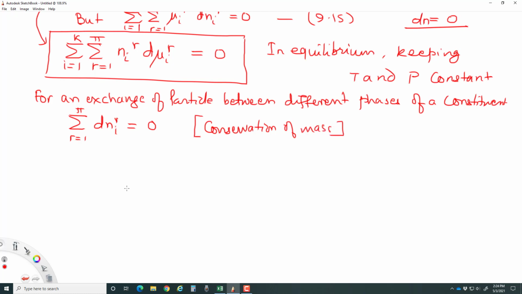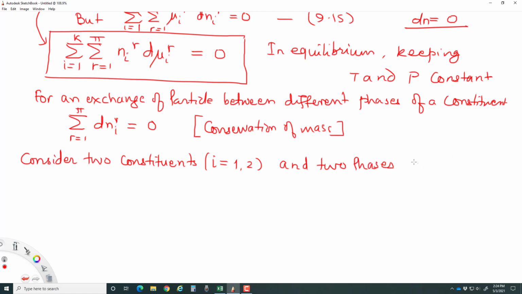Now let's consider just two constituents and two phases for simplicity. Let's call the constituents 1 and 2, and say the phases are alpha and beta.